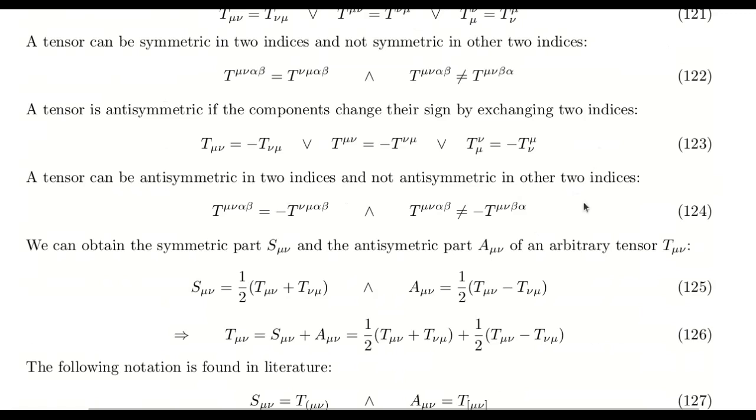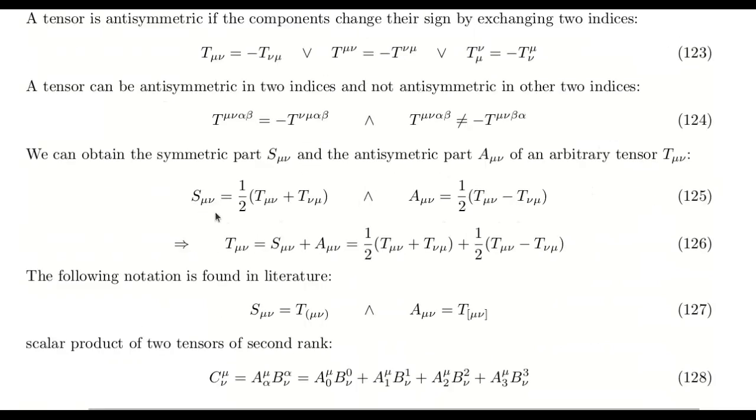Then a tensor can be antisymmetric in two indices and not antisymmetric in other two indices. Here the same: if we exchange the first two indices and it only changes the sign, plus to minus and vice versa, then we have antisymmetry in the first two indices, but in the second two indices there is no symmetry.